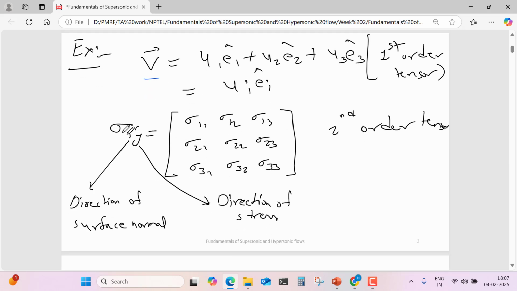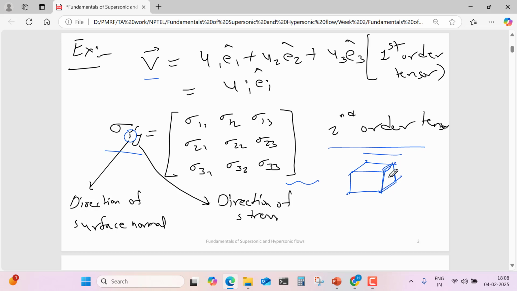You might have heard about the stress tensor sigma ij. It can be written in matrix form as sigma 11, sigma 12, sigma 13, and so on. This is a second order tensor. In this, the first index represents the direction of the surface normal. Let's say this is the surface.